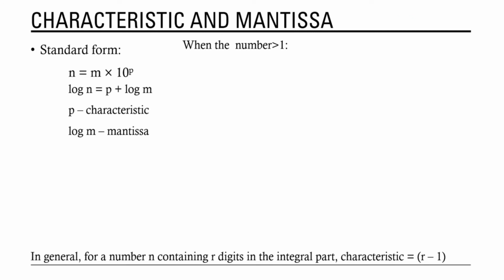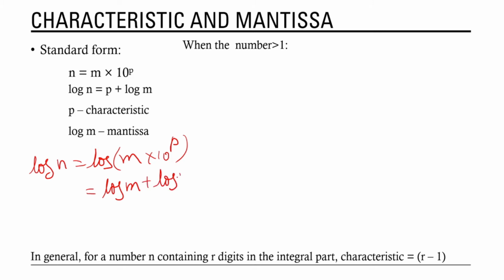The next one is, what are characteristic and mantissa? When we express any decimal number in the form n is equal to m into 10 raised to p, and we take log on both sides, we get log n is equal to log of m into 10 raised to p. This is equal to log m plus log 10 raised to p.